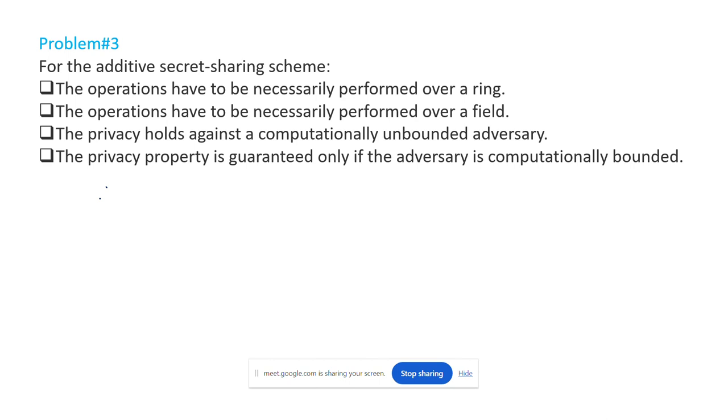The third statement says that privacy holds against a computationally unbounded adversary. As I was already mentioning, when you generate these shares S1, S2 till Sn-1, each of them is independent of the actual secret S. Finally the last share is generated as S minus the sum of Si for i equal to 1 to n-1, such that S becomes the summation of all the secret shares, i equal to 1 to n.